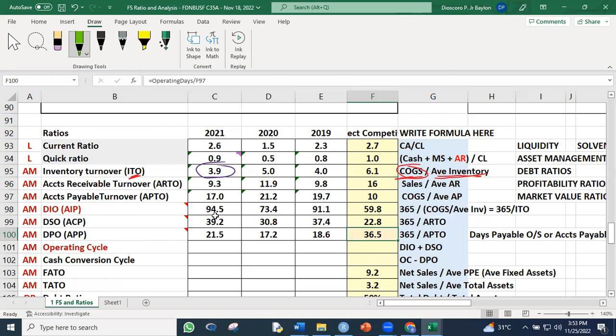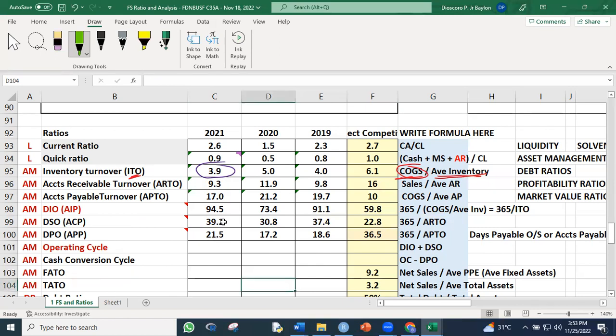Wait, tama ba yung formula ko? The day sales outstanding, operating days, mali, sorry. Hindi, tama. Arto, tama to. Ito naman, operating days divided by Arto. All right? So let me see my question ba dito.